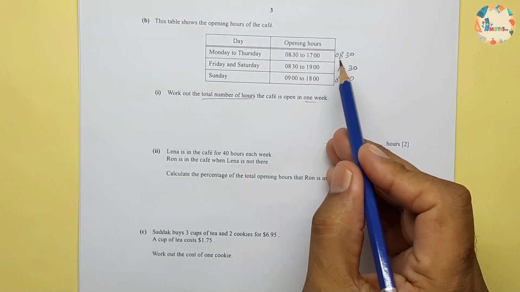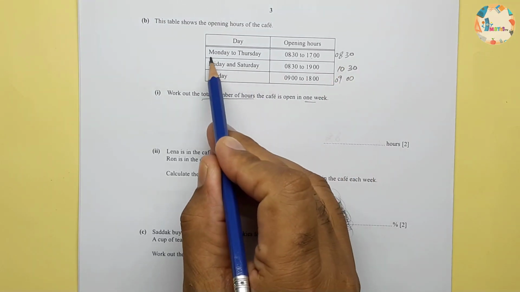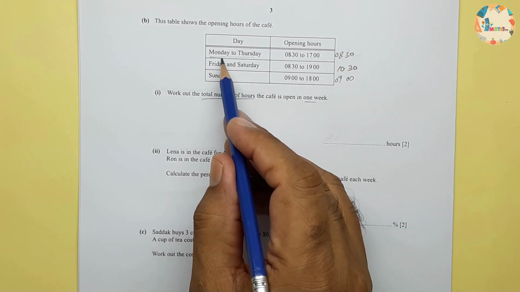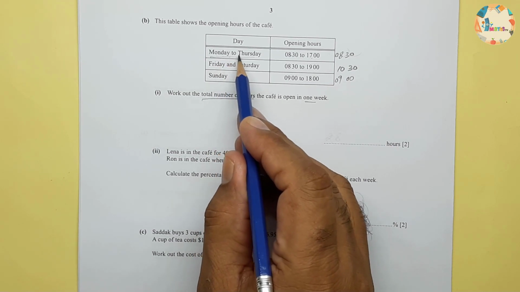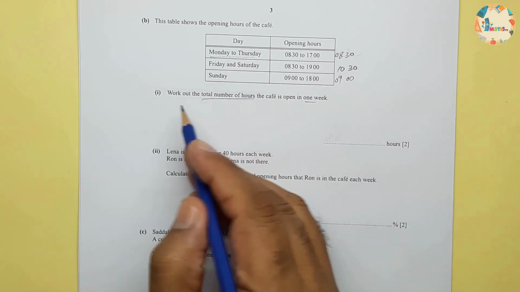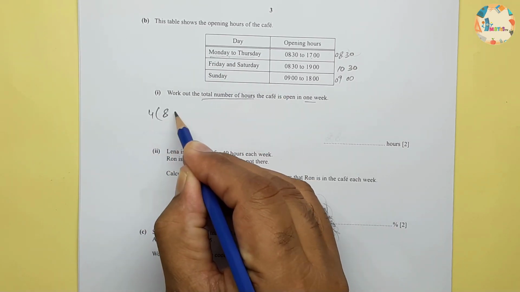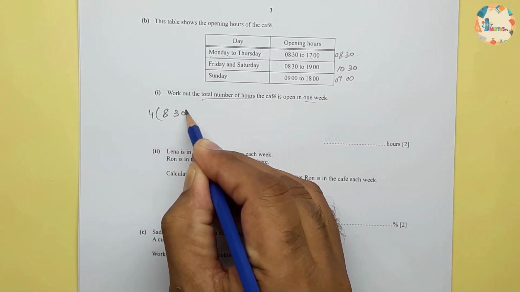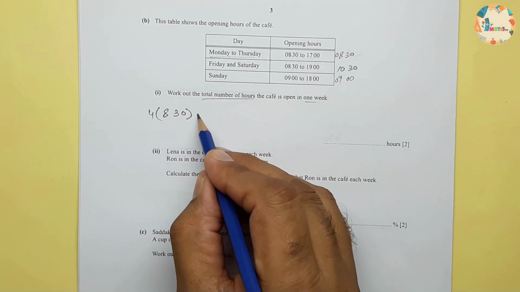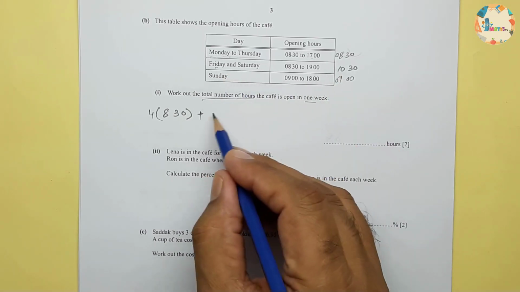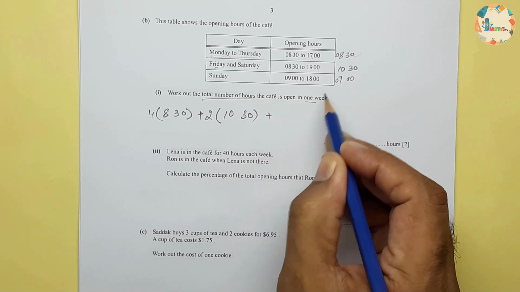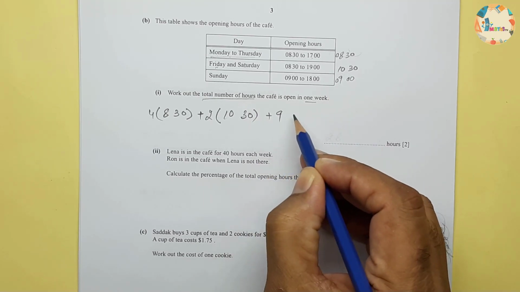So after calculating these times, this is Monday to Thursday, so we have to multiply by 4 days: Monday, Tuesday, Wednesday, Thursday. We multiply 8 hours and 30 minutes by 4, because this continues for 4 days. Friday and Saturday is 2 days at 10 hours 30 minutes, plus Sunday is only 1 day, so this will be 9 hours.